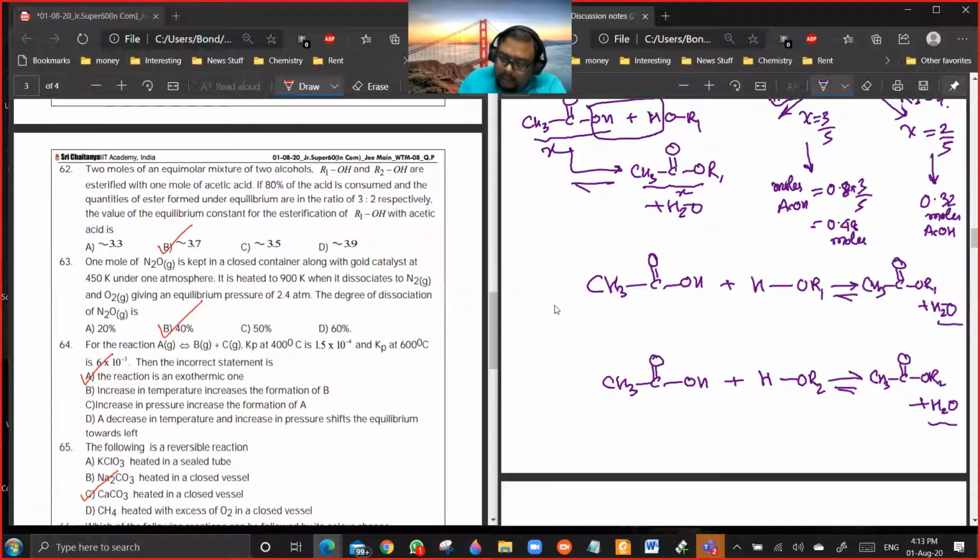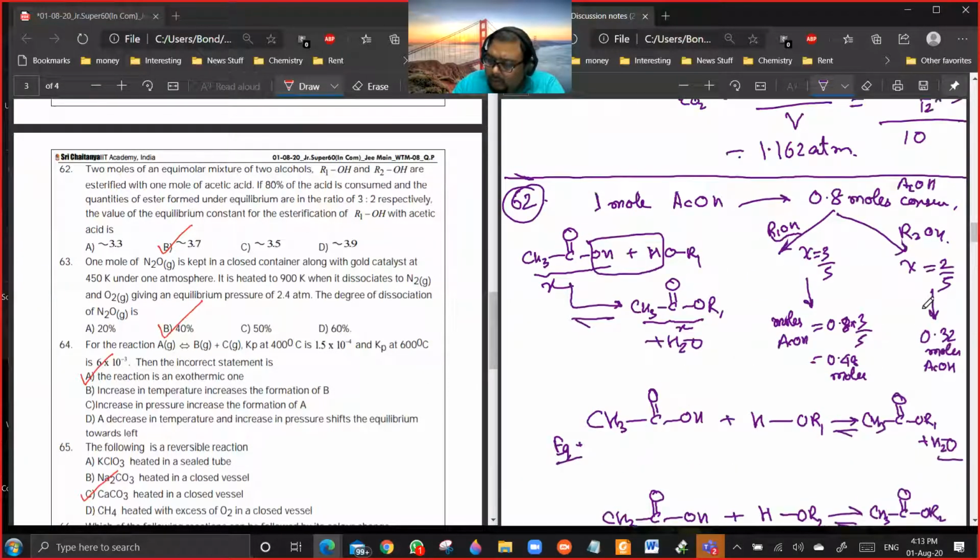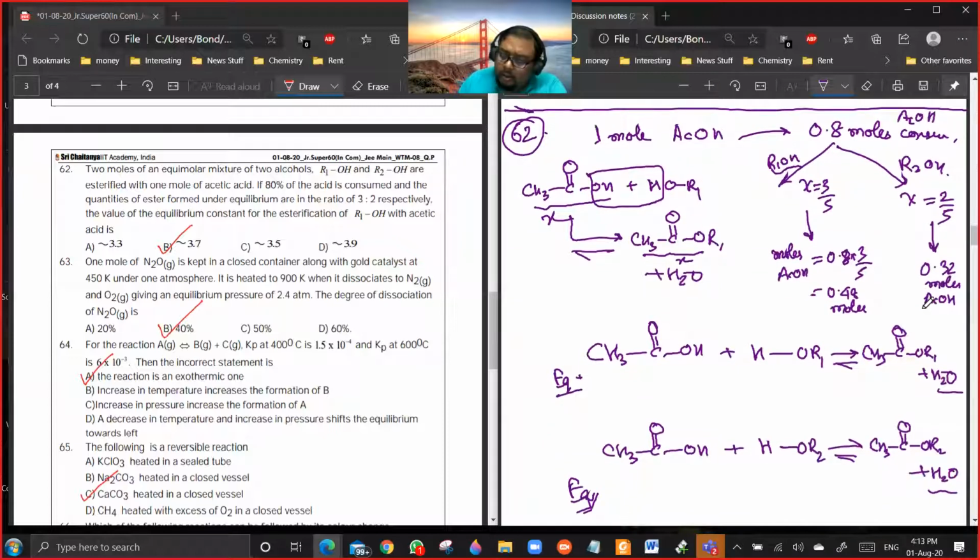You see, at equilibrium, what is the moles of acetic acid? 80% is consumed. So how much is remaining? 20%? Yes or no?